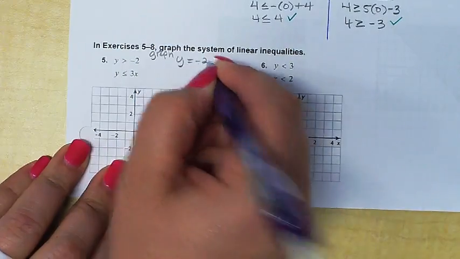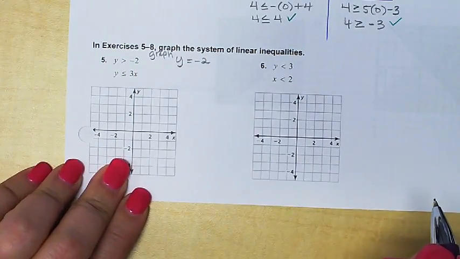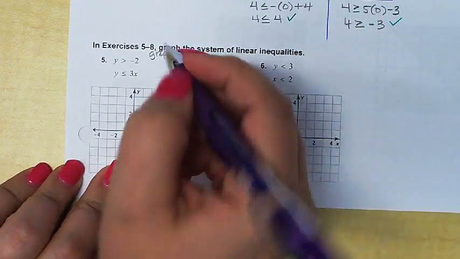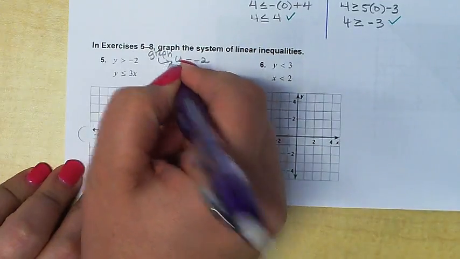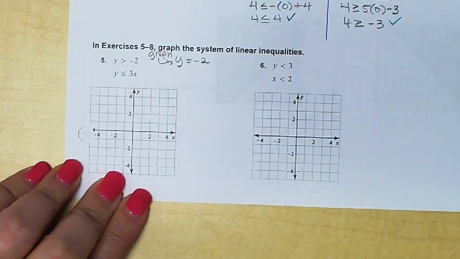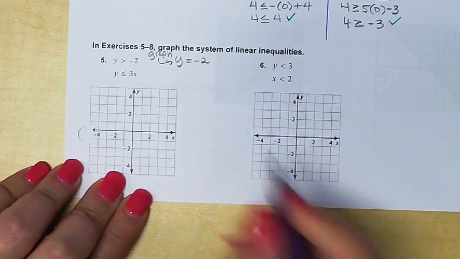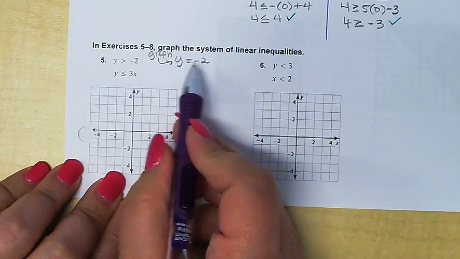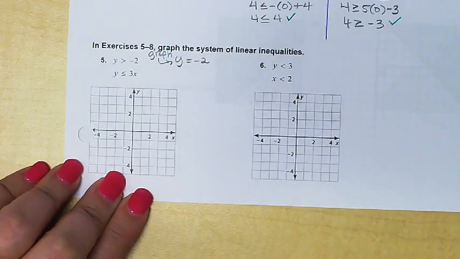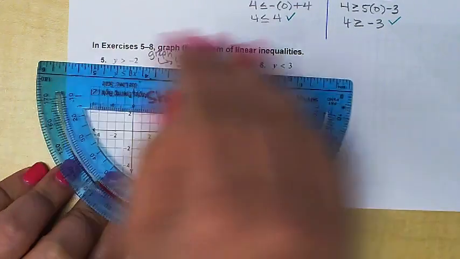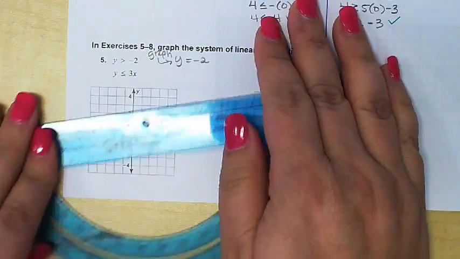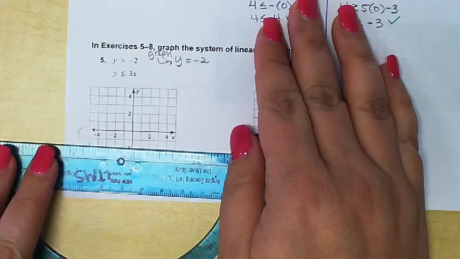In this case, it would be the y equals negative 2 line. That's going to create the boundary line for this particular inequality. So if I think about what kind of line y equals negative 2 is, hopefully we all feel really comfortable that that is a horizontal line at negative 2.